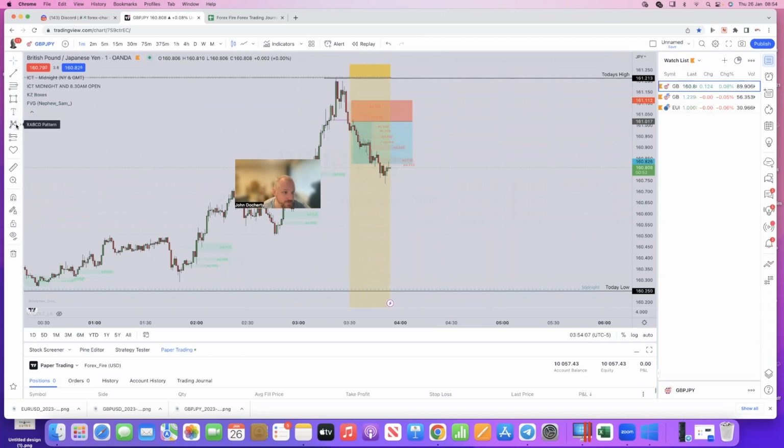Where are we at? So we're looking at candles from entry.